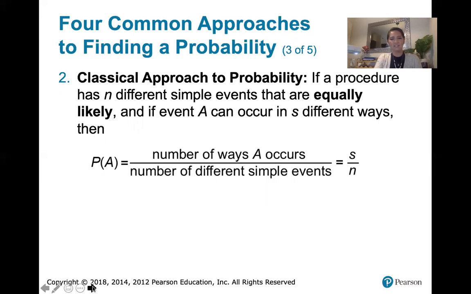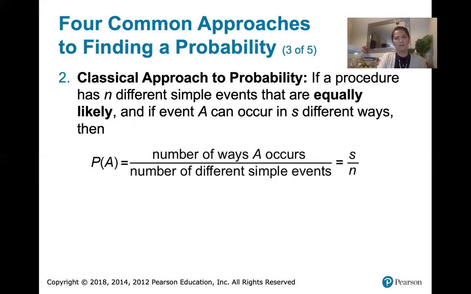So notice that this is similar to what we looked at on the last slide with that relative frequency approximation. But know that with the relative frequency approximation, we're looking at data from the past. With the classical approach, we're looking at the probability of an event that has not yet occurred.